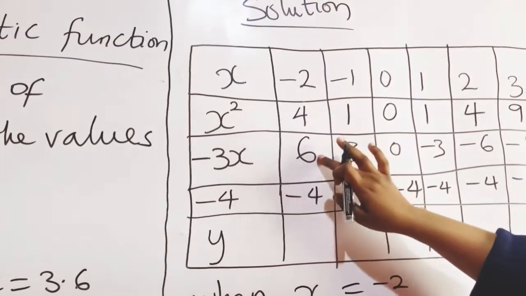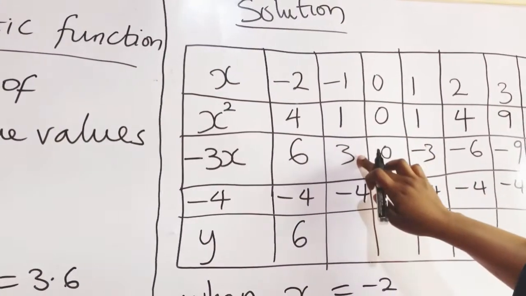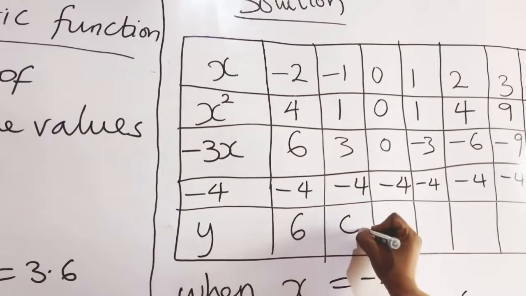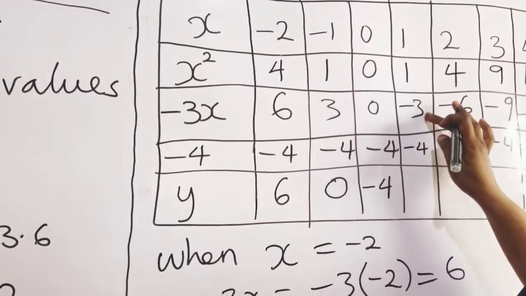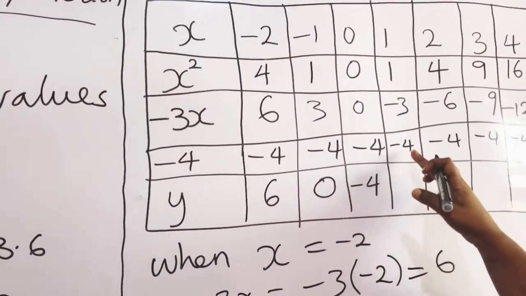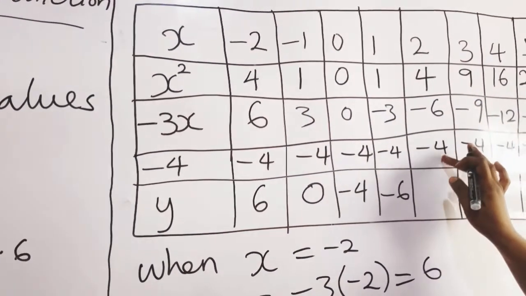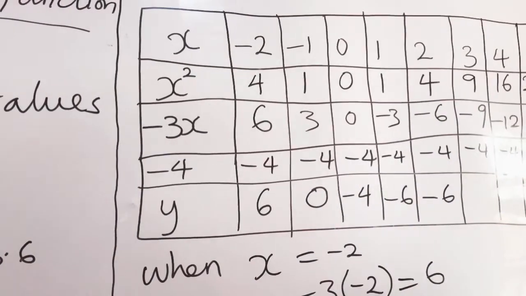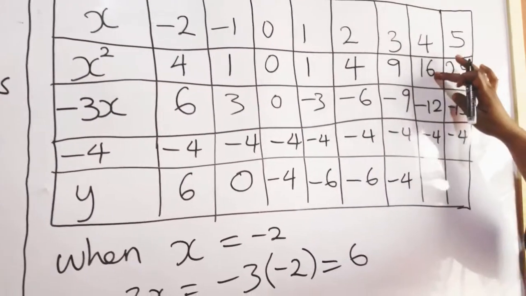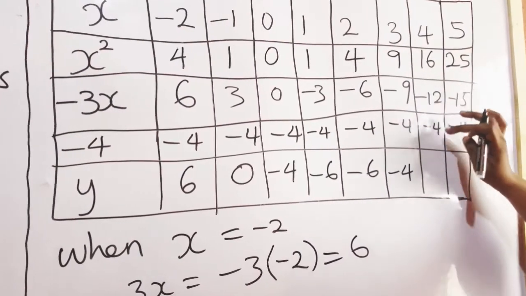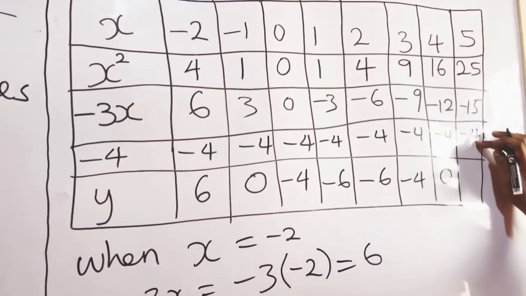So 4 plus 6, 10, -4, 6. 1 plus 3, 4, -4, 0. 0, 0, 0, -4, -4. 1 minus 3, -2. -2 minus 4, -6. 4 minus 4, -2. -2 minus 4, -6. 9 minus 9, 0. 0 minus 4, -4. 16 minus 12, 4. 4 minus 4, 0. 25 minus 15, 10. 10 minus 4, 6.